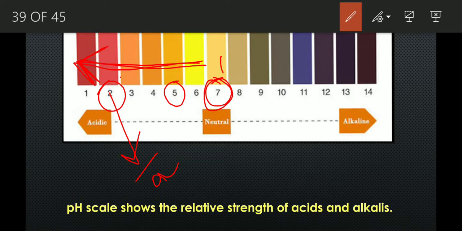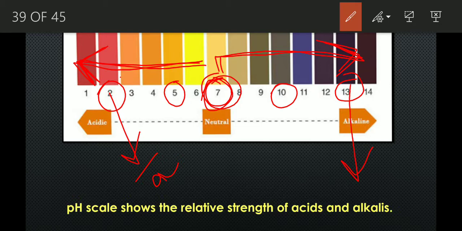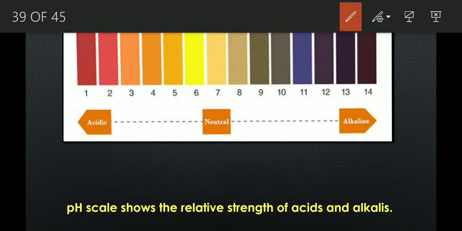If we move towards the right from 7, the basicity or alkalinity increases. If we take two solutions, one with pH 10 and another with pH 13, the solution with pH 13 is more basic than the solution with pH 10. So this is the main thing about the pH scale.